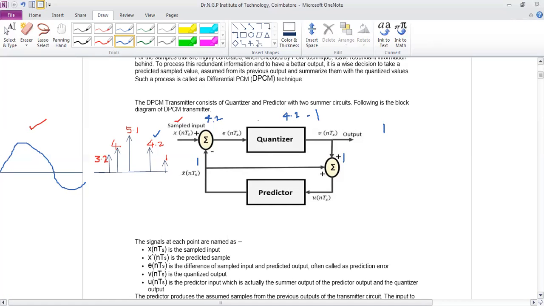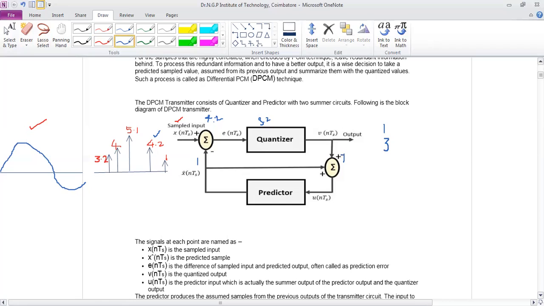That 3.2 is applied as input to the quantizer. The quantizer converts this 3.2 into the integer 3, and the corresponding output is delivered as 3.